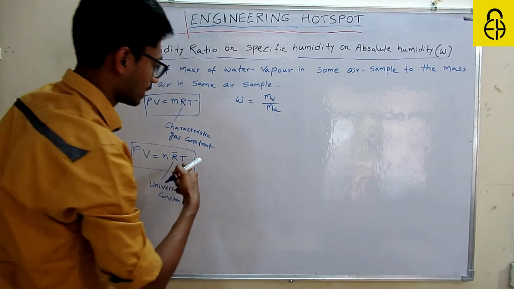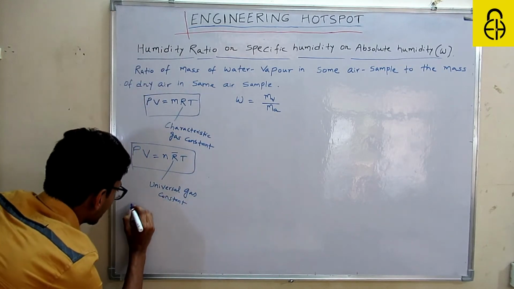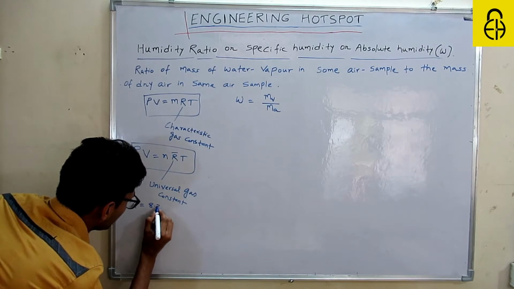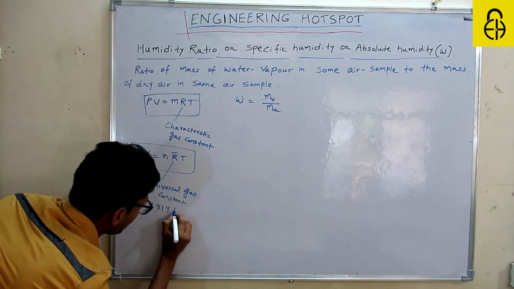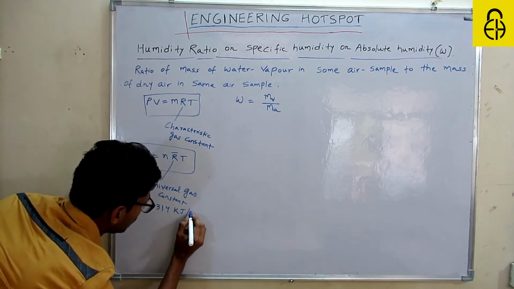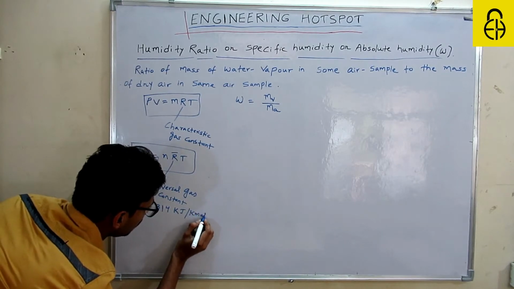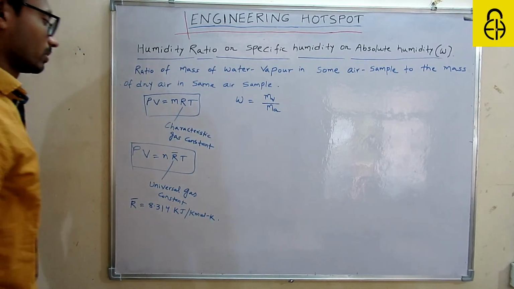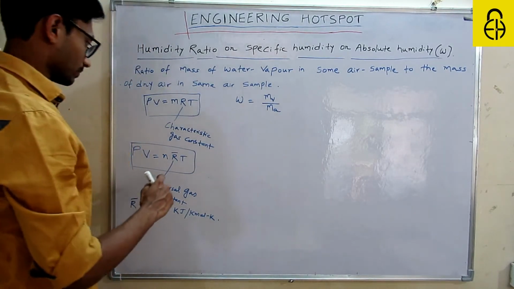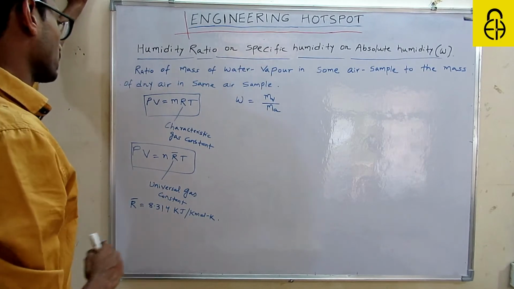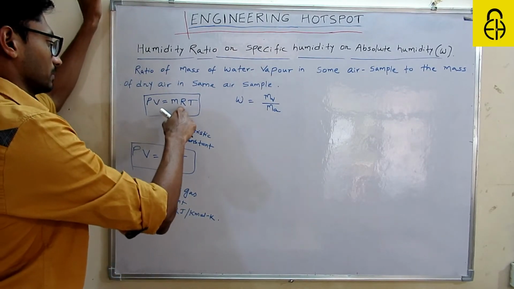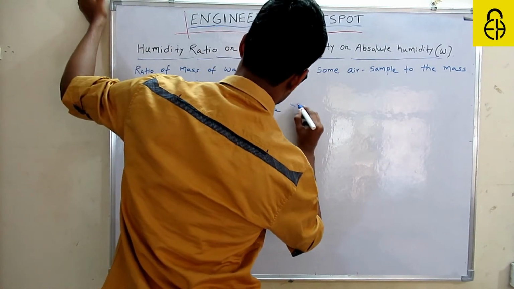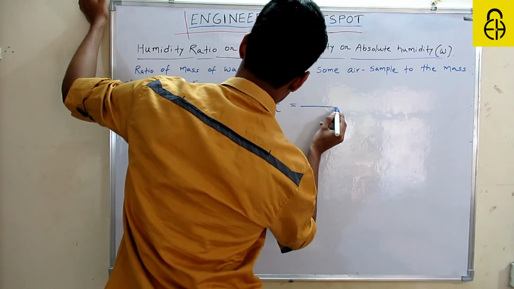And the value of this R bar is fixed, and its value is 8.314 kilojoule per kilomole K. So if you want to calculate R, why we need R? Because you need to change this value.